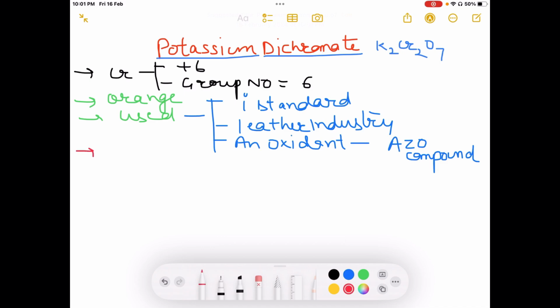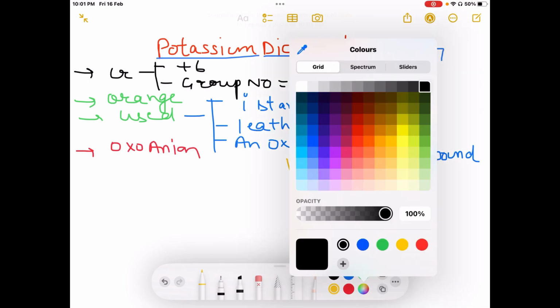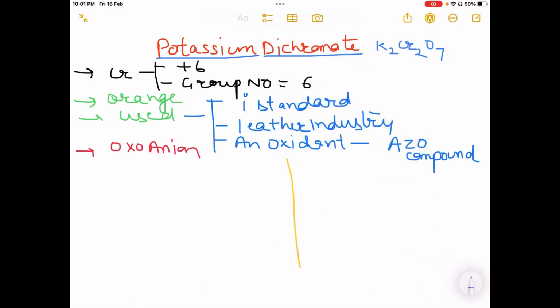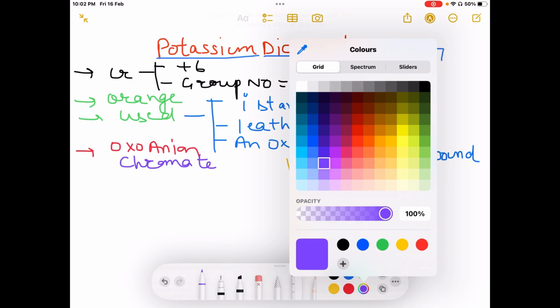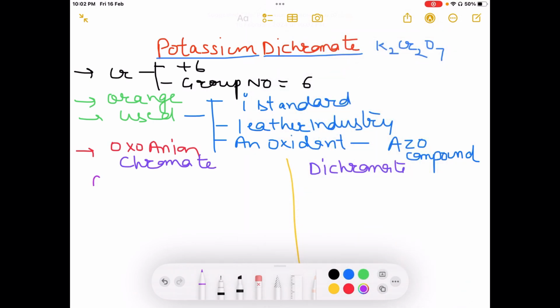Two oxo anions of chromium are namely the chromate ion and the dichromate ion. The formula of the chromate ion is CrO4 2-.